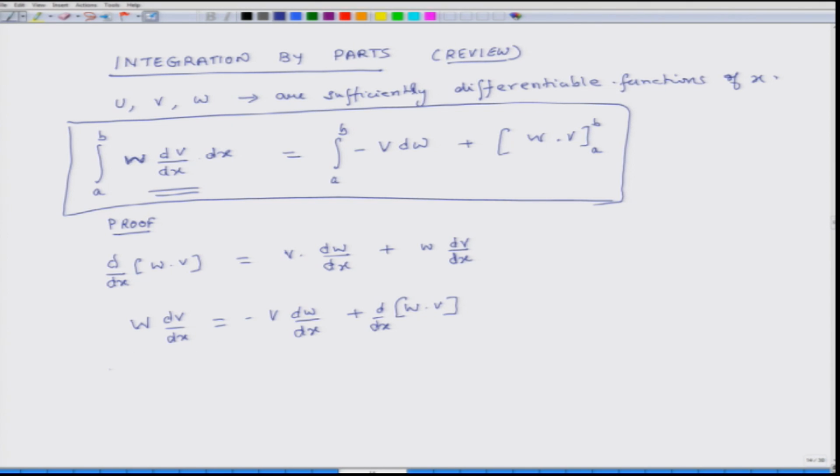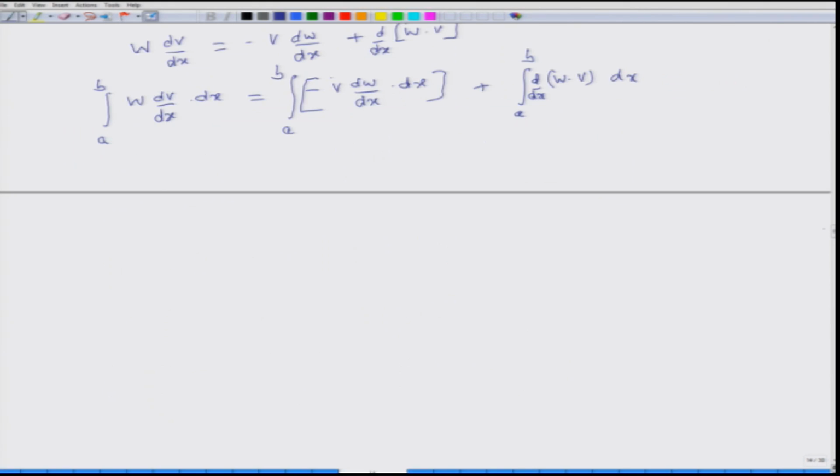Now, what I do is I integrate. So, now I integrate this equation over limits a to b, and this is equal to minus v dw over dx plus integral of wv. So, now I continue this thing.